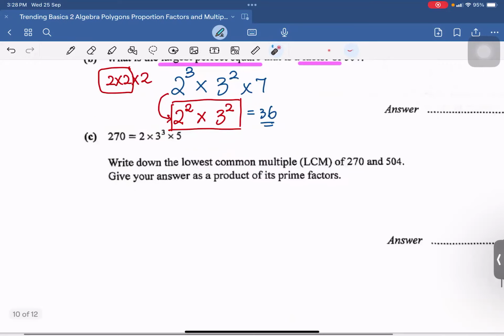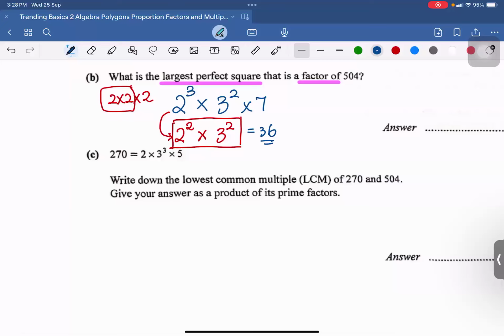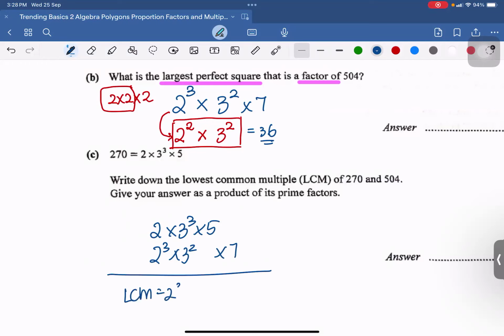Next one, write down the lowest common multiple of this and this as a product of prime factors. This one, I assume you know how to do. The other one was 2 cube, 3 square, 7. They want the LCM: 2 cube, 3 cube, 5 and 7. Choose all factors, highest power.